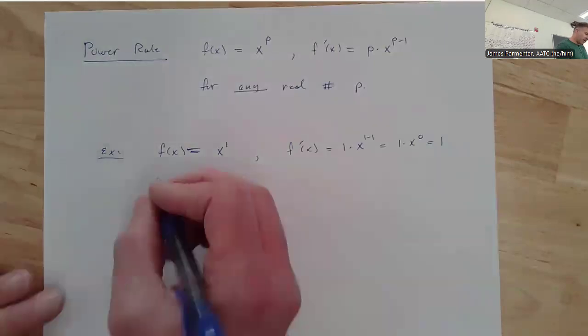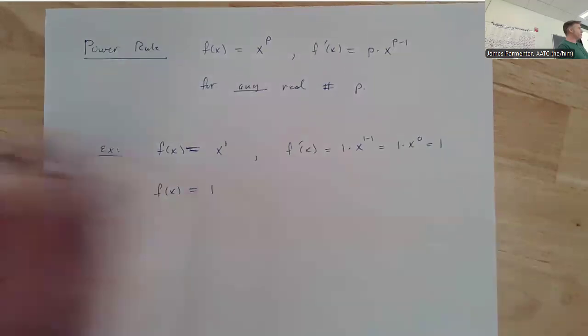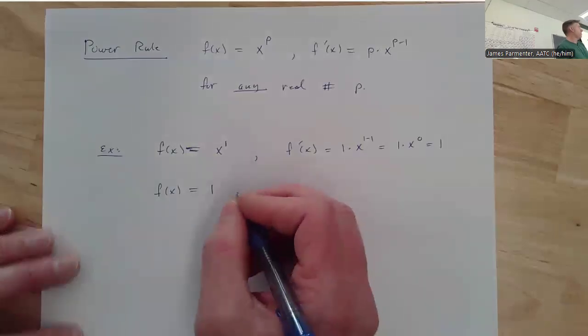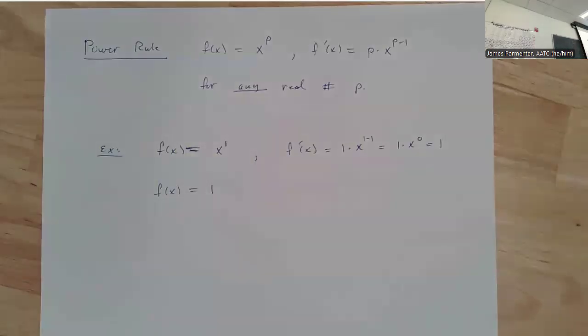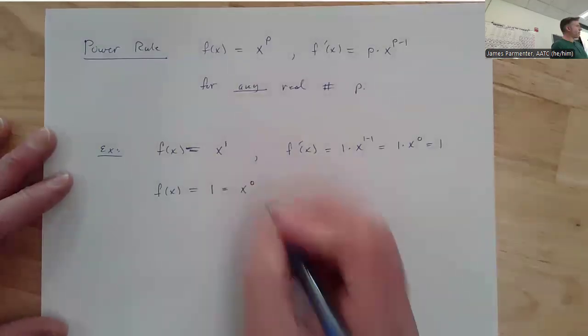In a similar way, if your function is a constant, like 1, or really any constant, but I'm going to go with 1 here, we can say, well, a constant function is a horizontal line. Horizontal lines have what kind of slope? Right, so the derivative is 0. Or you could do it the longest way possible and say, well, this is really x to the 0th power.